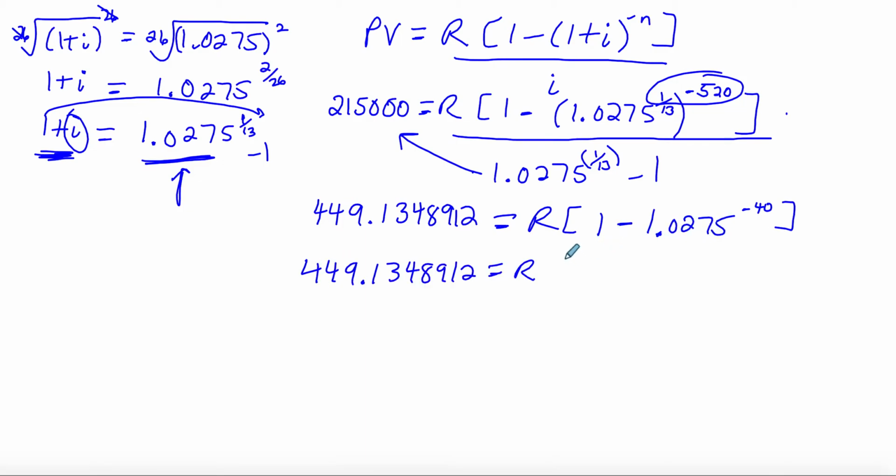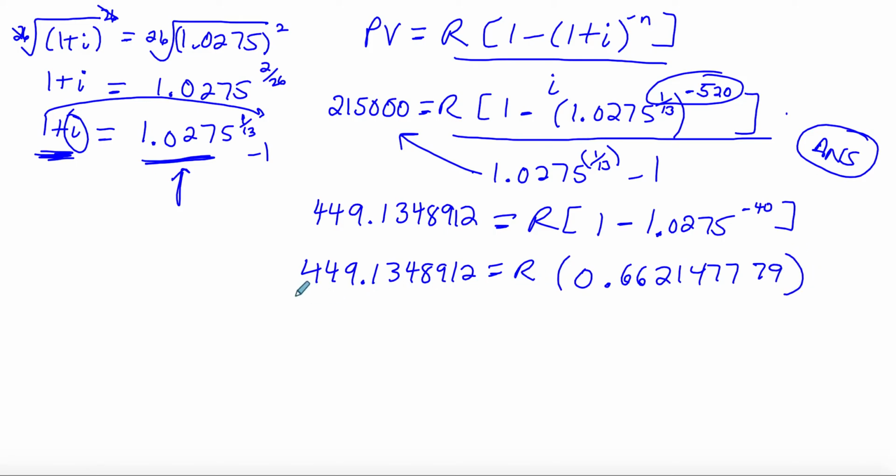I would type 1.0275 to the exponent negative 40 equals, and I'd probably do 1 minus my answer. Remember before I told you about that ANS button? If you have that on your calculator, it makes it really nice. 1 minus my answer. So I find inside the brackets I have 0.6621477779.